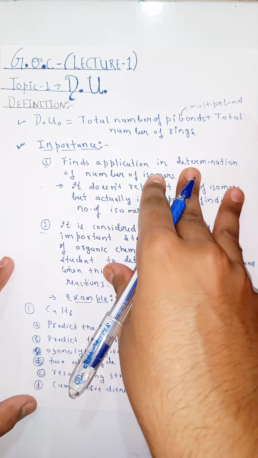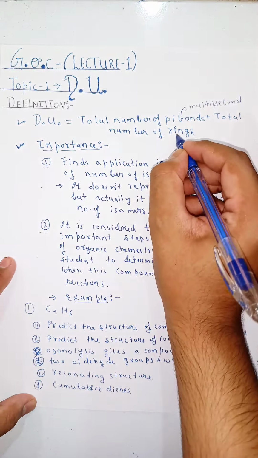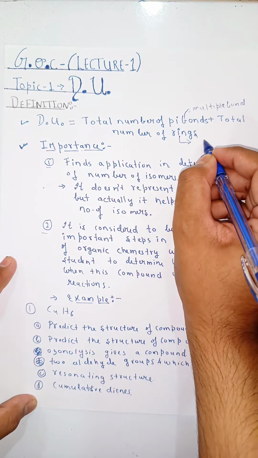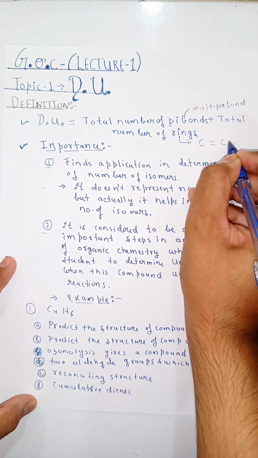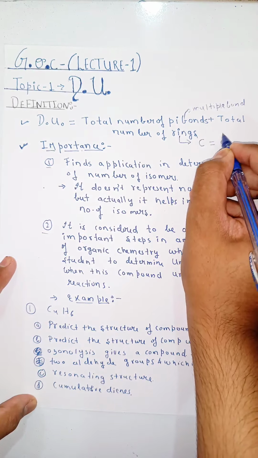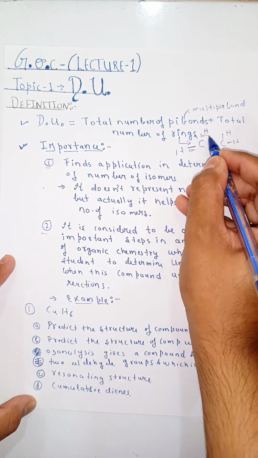present in a compound. As an example of this, consider this compound, C double bond C. This is ethene, a type of alkene. The bond between carbon and hydrogen is a sigma bond, as you can see.